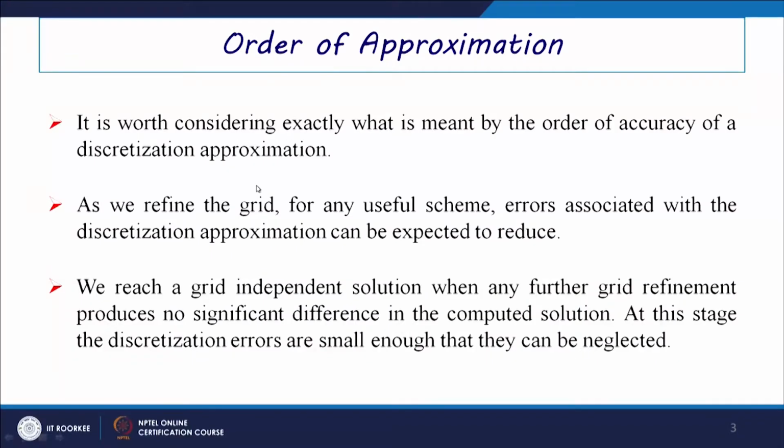So if we go through an overview of the order of approximation, in the last lecture I discussed that if we are expanding any Taylor series, at a point h we can write f of x plus h as f of x plus h f dash x plus h square by factorial 2 f double dash of x plus all other terms.